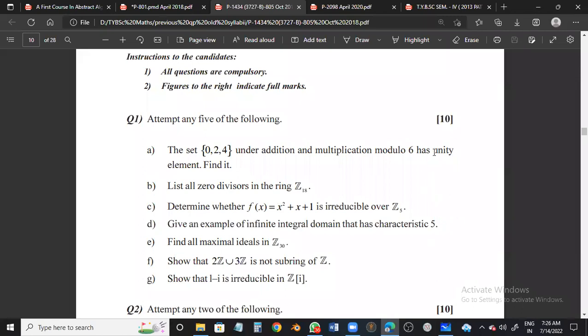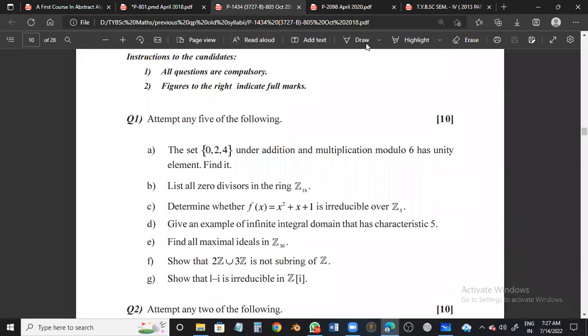When we are talking about unity, what is unity? Can anybody tell me? Ma'am, the multiplicative identity. Yes, it is the multiplicative identity. So what element is called the multiplicative identity?